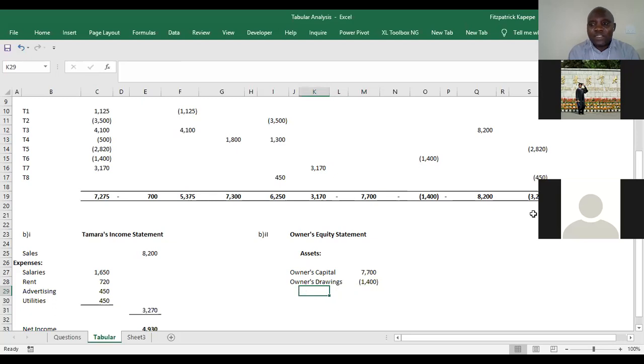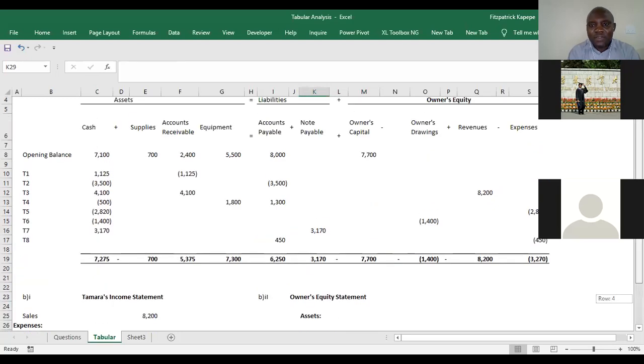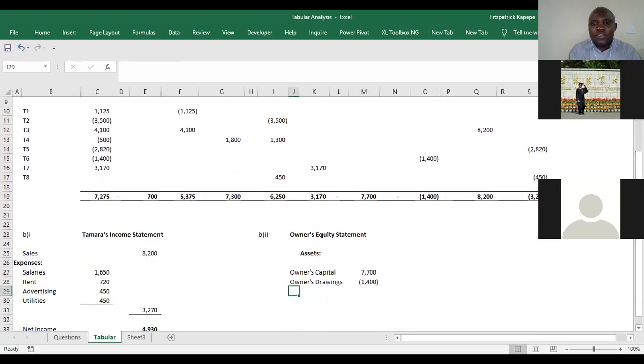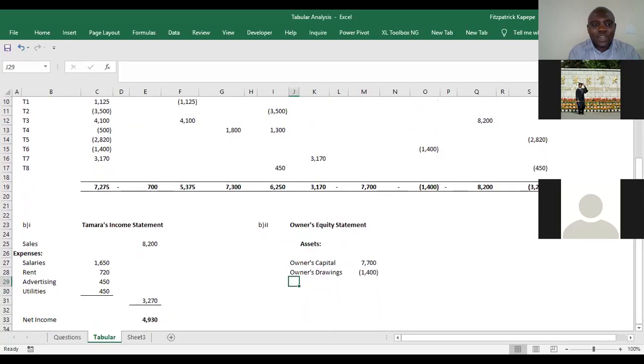Then this side is revenue. So here under revenue, guys, you look at the net income down there. It's the same thing. Net income, you come here, you pick it from there.